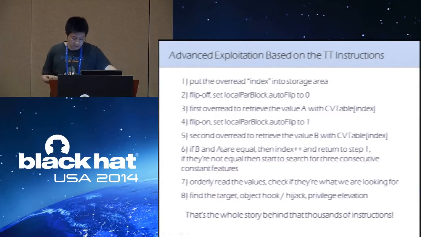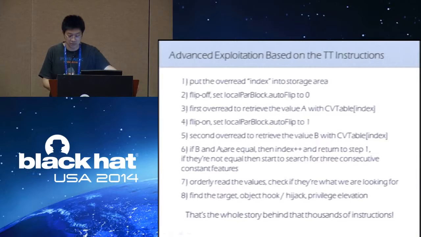Second, flip off, set some bit to 0, and then the first overread gets the value at the address CVT table plus the index. Then set the flip to 1 and read the value of B again. If B and A are equal, it means we need to increase the index and return to step 1.